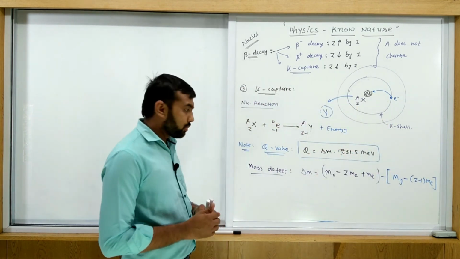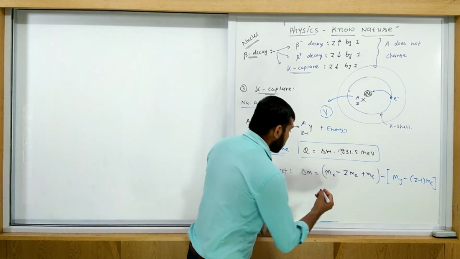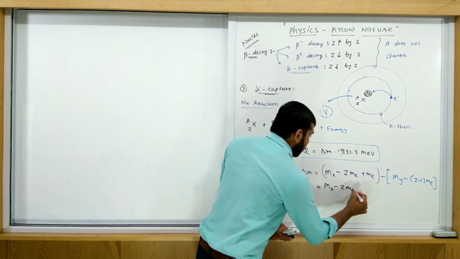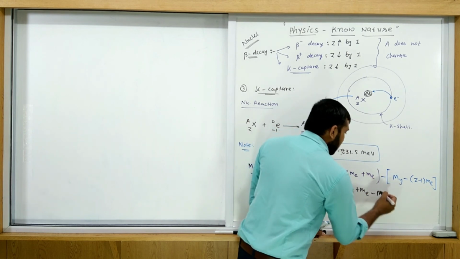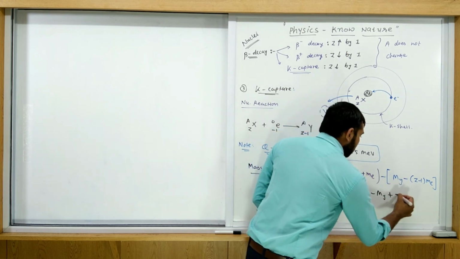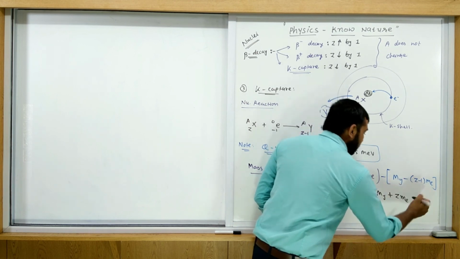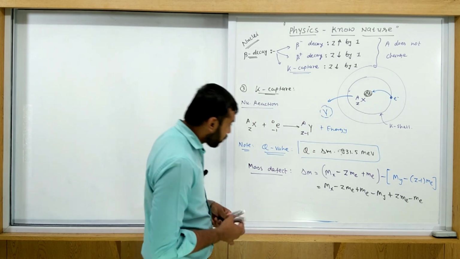So let's simplify this relation. Finally we get delta M is equal to mx minus Z me plus me minus my plus Z me minus me. Now anything that cancels out, cancel it.